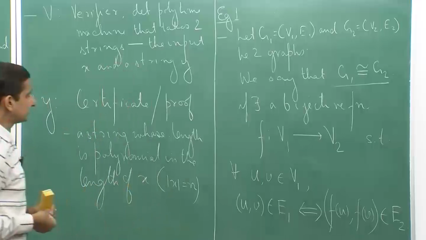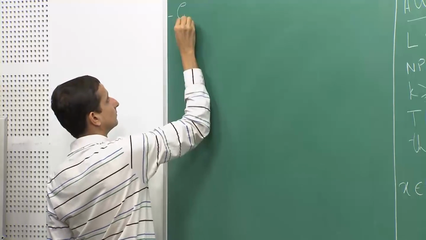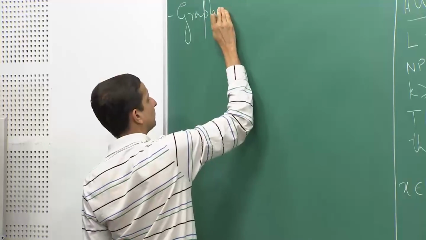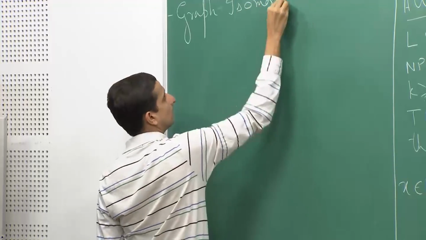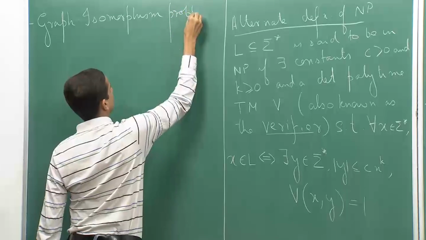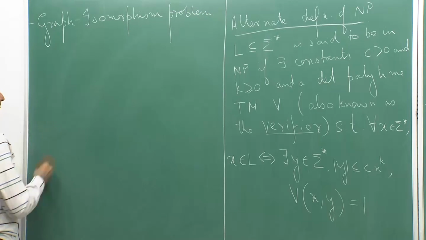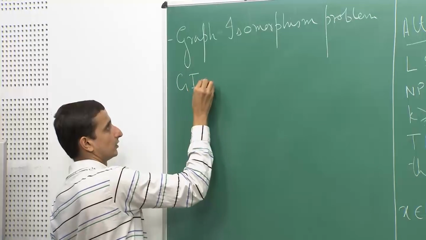Now using this definition we can define the graph isomorphism problem, GI in short.